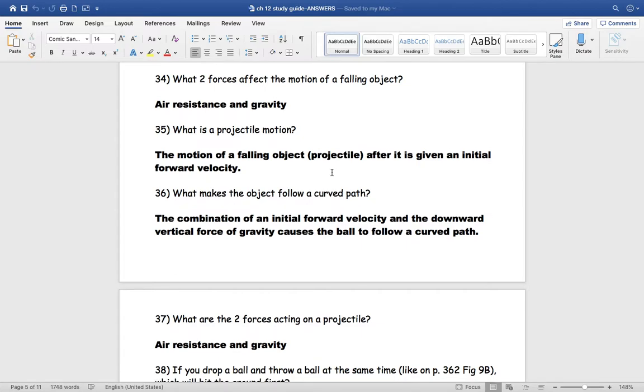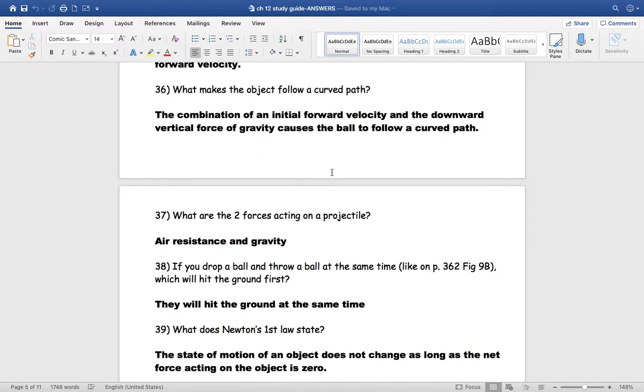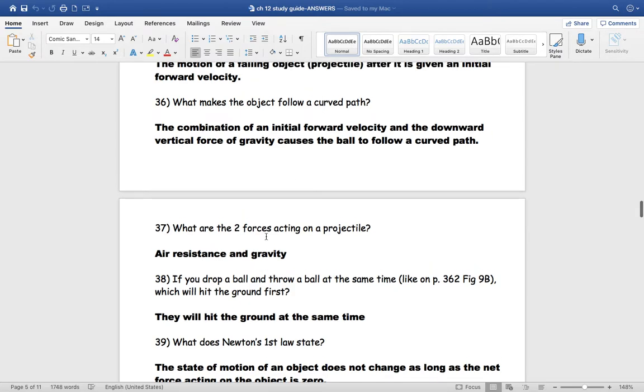The combination of the initial forward velocity and the downward vertical force of gravity causes the ball to follow a curved path. 37. What two forces are acting on the object? Air resistance and gravity. So look at these two questions, 36 and 37. What makes it a curved path? Initial forward velocity and gravity. What are the two forces acting on the projectile? Air resistance and gravity. Those are two different questions.